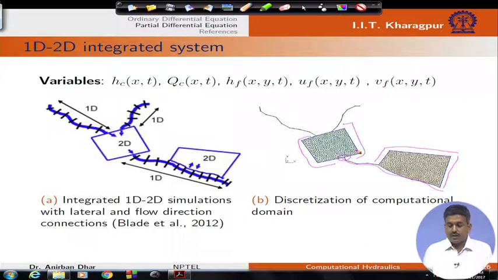So, depending on the physical situation within the hydraulic system, we can change the boundary conditions, and in the combined form along with governing equations, we can try to solve our problem using these governing equations and boundary conditions.